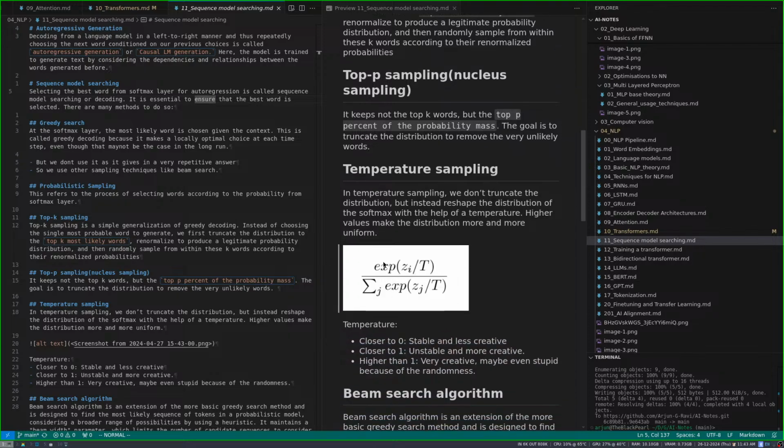So we have e raised to z divided by the sum of these things. We divide this by the temperature T. A temperature of zero means very stable and less creative.